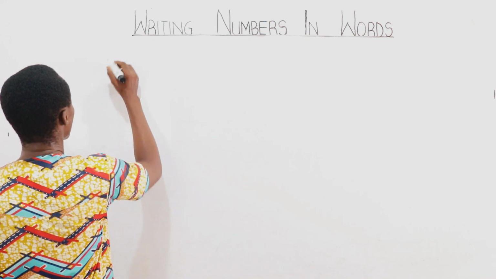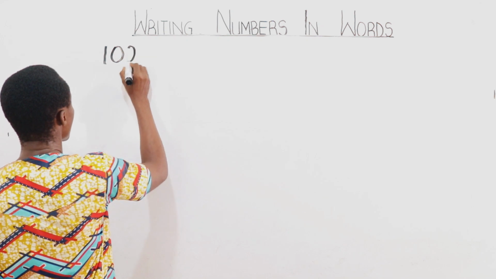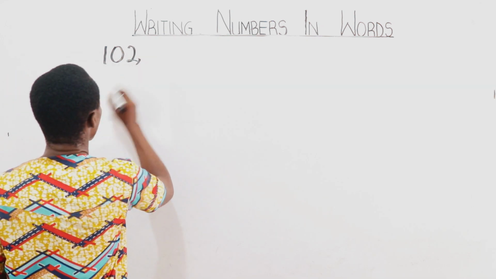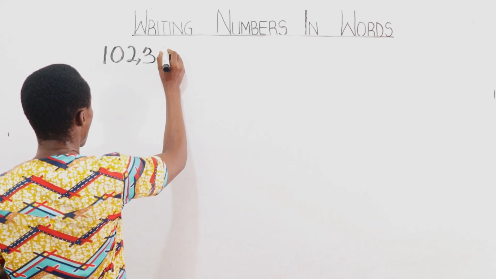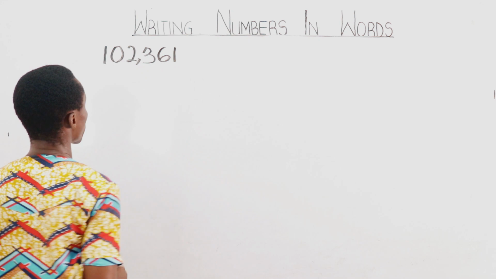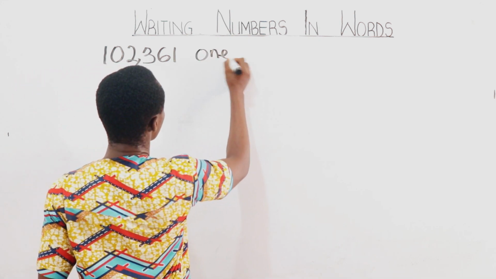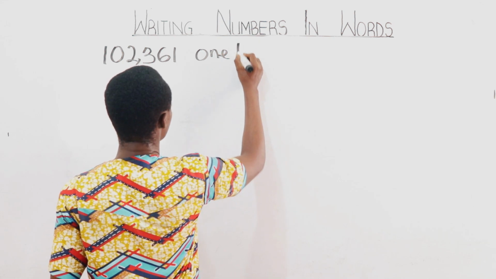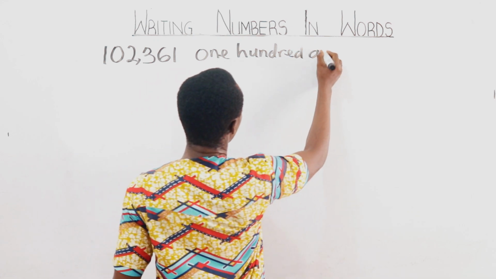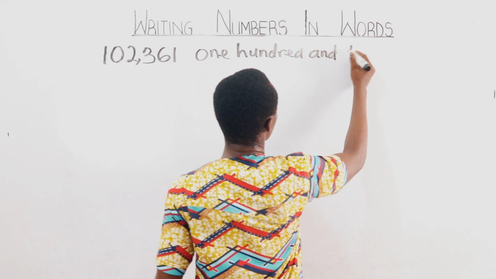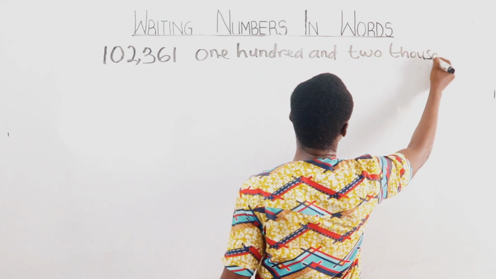Now let's look at examples where we are adding thousands to what we have done so far. So let's say we have 102,000, let's say 361. So that will give us 102,361.